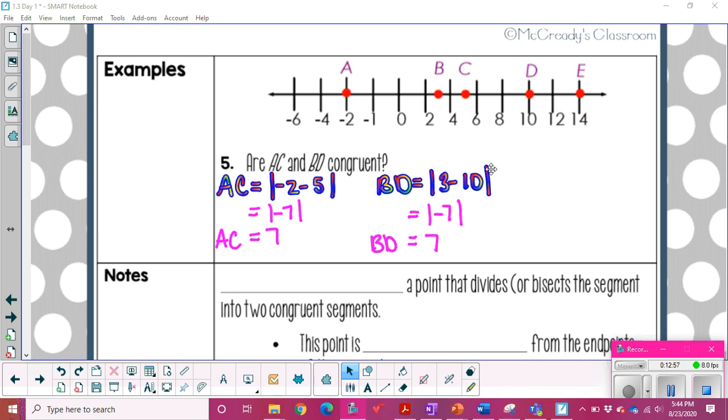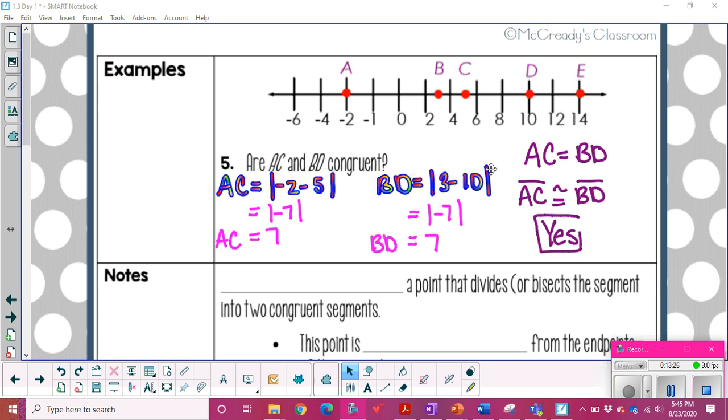All right, we now know that the distance from A to C and from B to D is the same. Distances are equal. Because those are equal, we now know that segment AC is congruent to segment BD, which is what the question was asking. Are they congruent? Yes, they are.